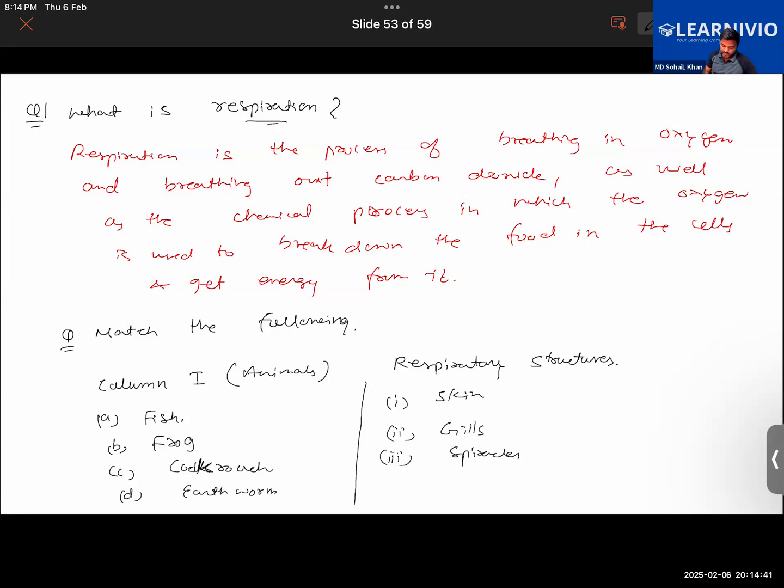In which one is more energy released? Aerobic. And less energy is released in anaerobic. Okay. Can anaerobic respiration occur in humans also? When does it occur?